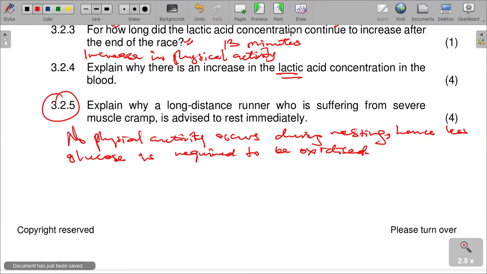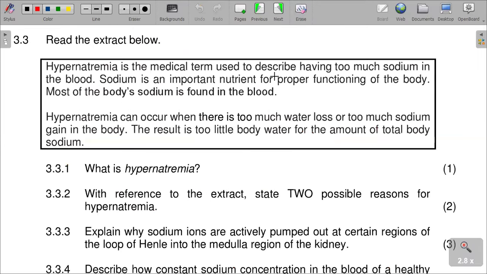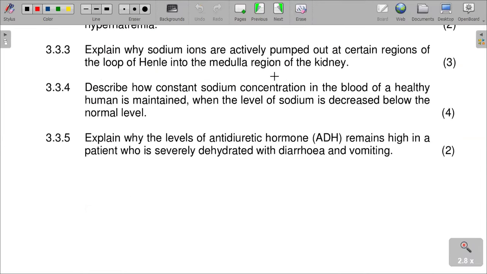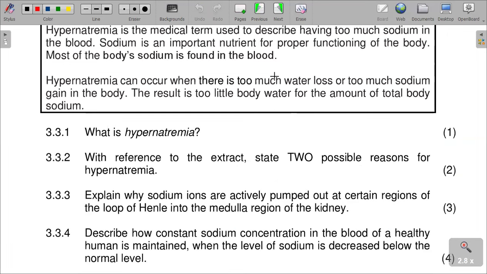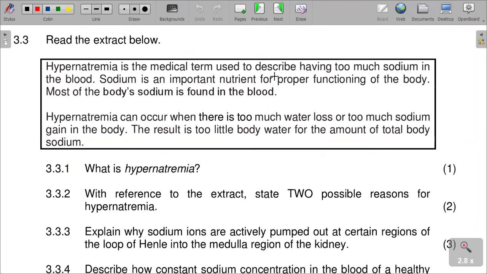Next question. Read the extract below. Hypernatremia is the medical term used to describe having too much sodium in the blood. Sodium is an important nutrient for proper functioning of the body.